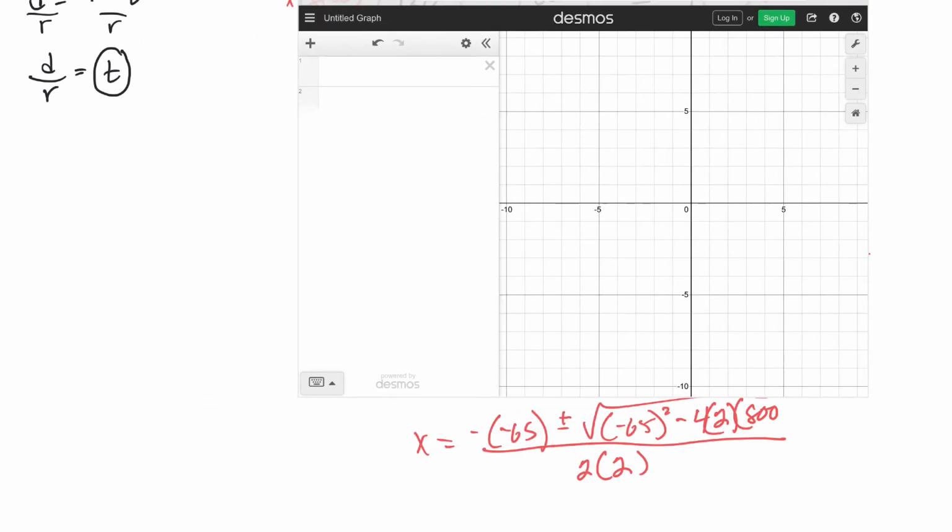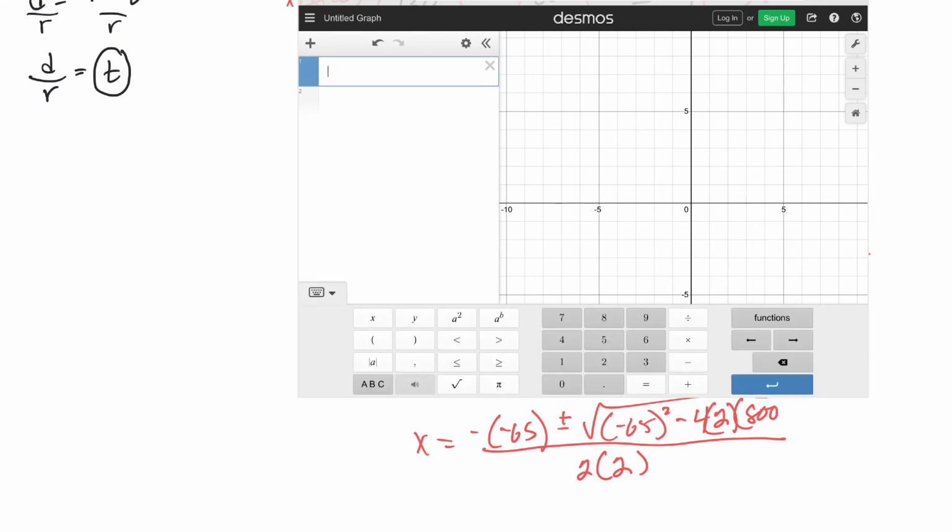Okay, so right up here I'm going to type in a bracket first. So negative 65. I'll put a bracket right at the start there for the fraction so I can divide later. Plus or minus, let's just go plus. I can't do a plus or minus on this, I don't think.